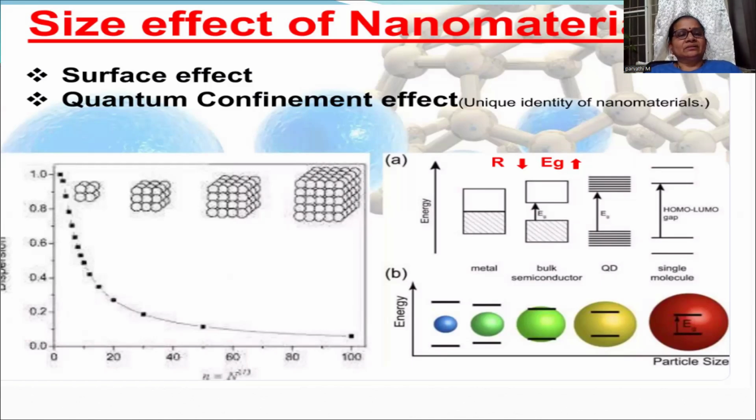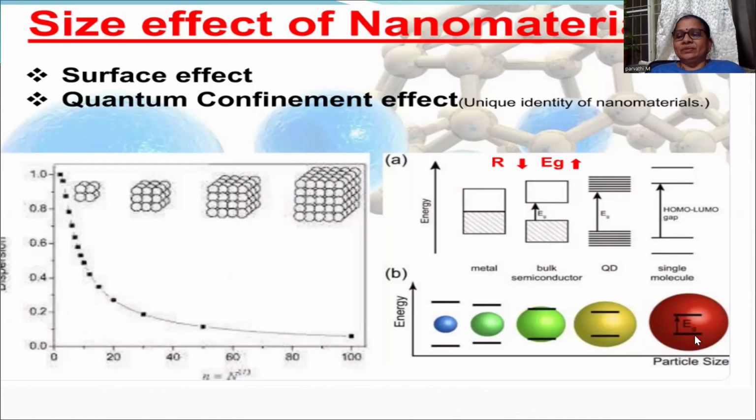Their disposition is very different. That means the movement or the confinement in nanomaterials is different compared to bulk materials. Disposition is very high. Coming to the particle size on the right-hand side, energy.